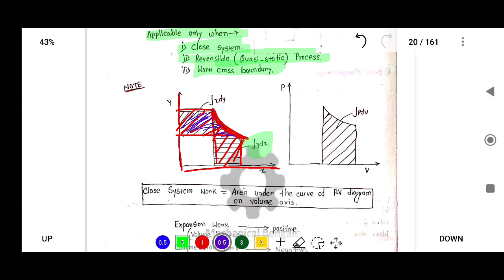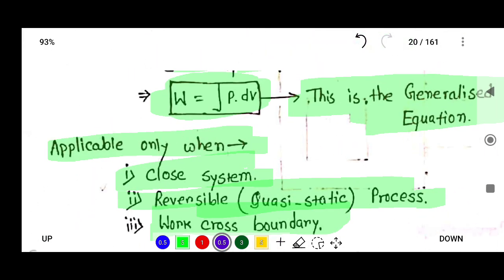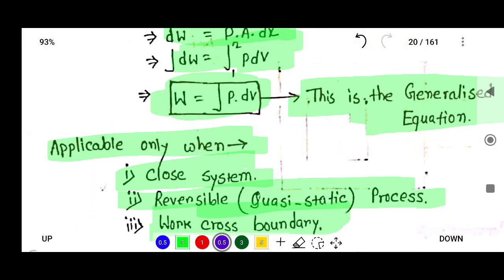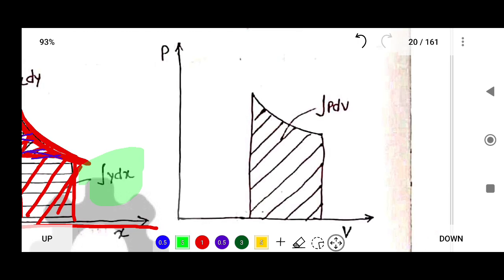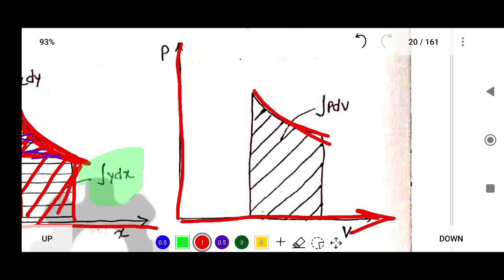So in the above equation, W equals integration P dV. From this graph, P is on the y-axis and V is on the x-axis, and this is any process. Now what is the work done?